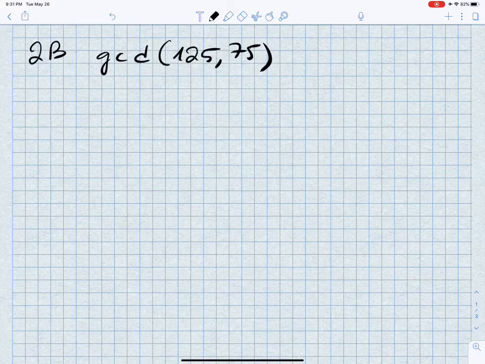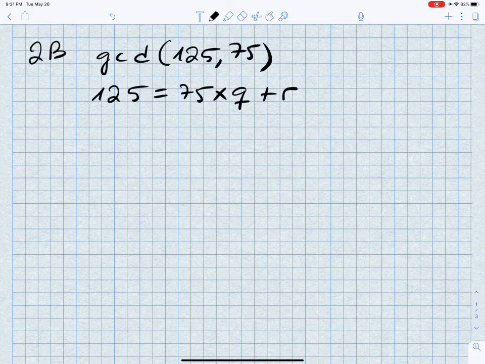All right, so the algorithm goes as follows. We have 125 is equal to 75 times some quotient plus some remainder. Okay, so we're asking ourselves, how many times does 75 go into 125? Well, if it goes one time, then it would be 75. If it's twice, 75 times 2, that's 150.